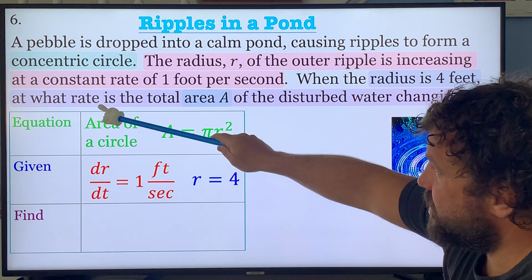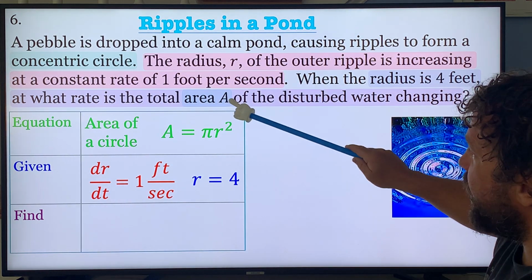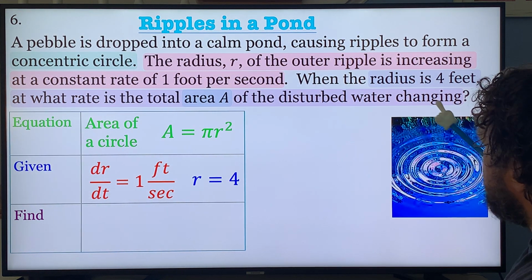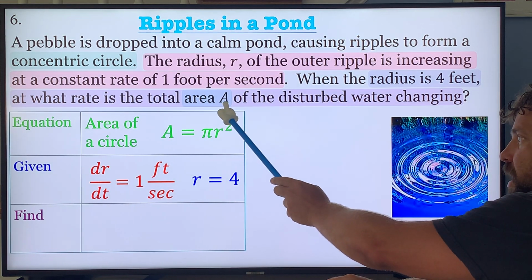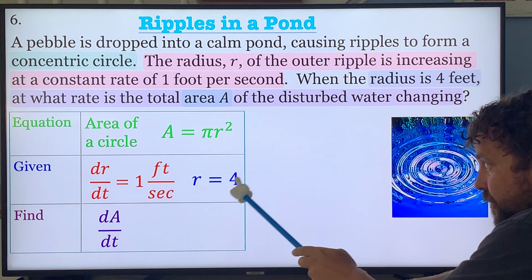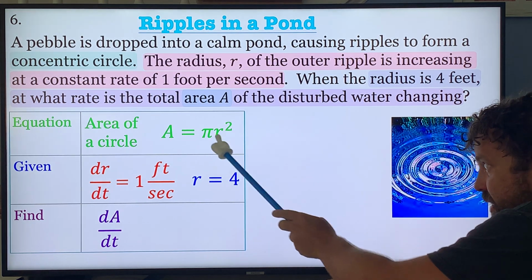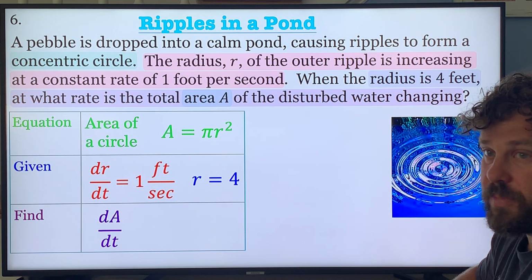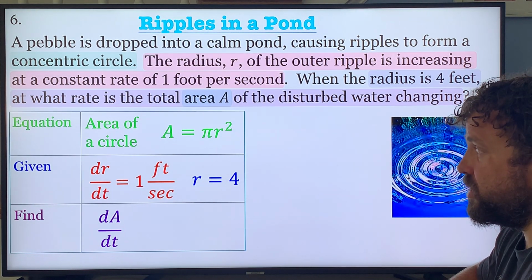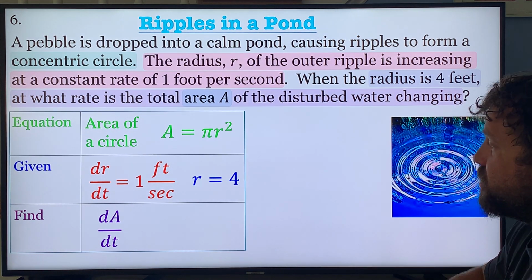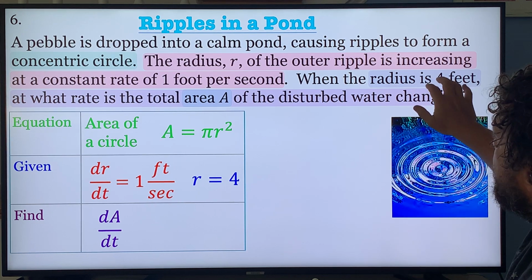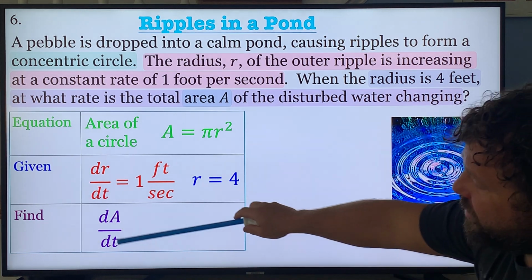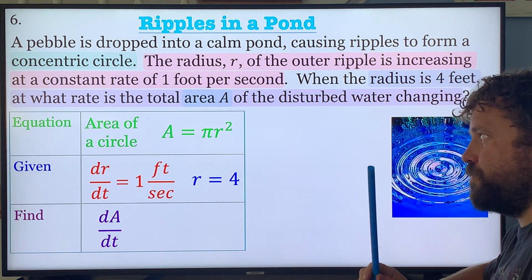Rate means something over dt, is the total area changing. Changing is dt as well. So dA dt. If we just plug the 4 in here, we get area is 16 pi, and that doesn't help us because there's no dA dt there. We need to know, when the radius is 4 feet, what is this changing at? We don't plug in the 4 feet until we have the related rate equation.